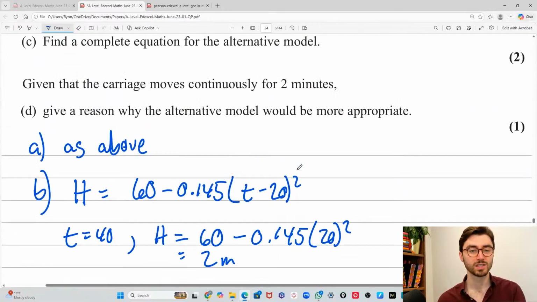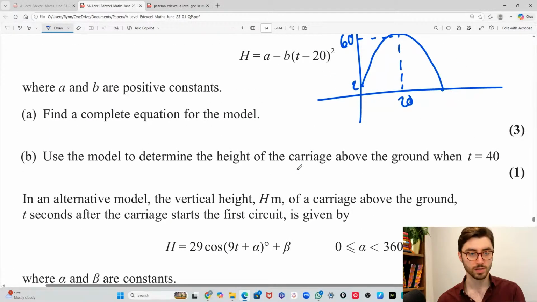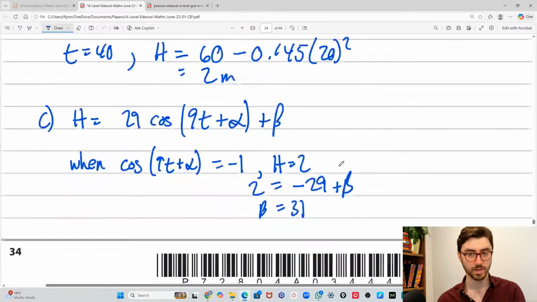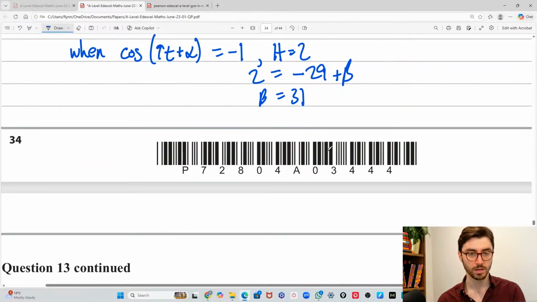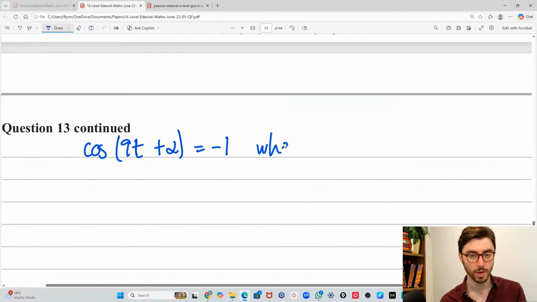Now, it starts at 2, so it starts with this case being true. So we know that cos of 90 plus alpha does in fact equal minus 1 when t equals 0. So that means that cos of alpha equals minus 1.